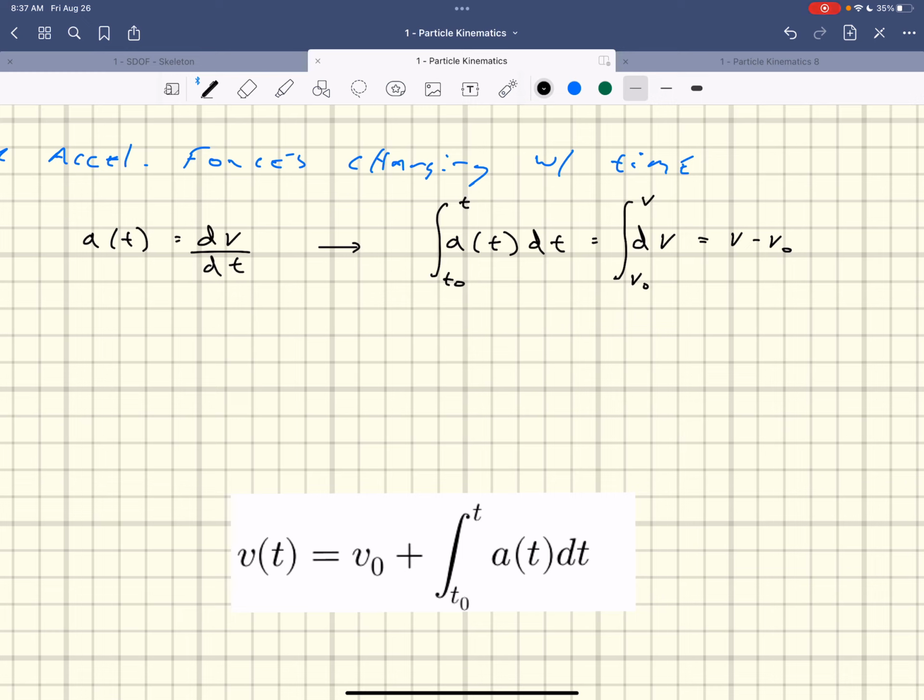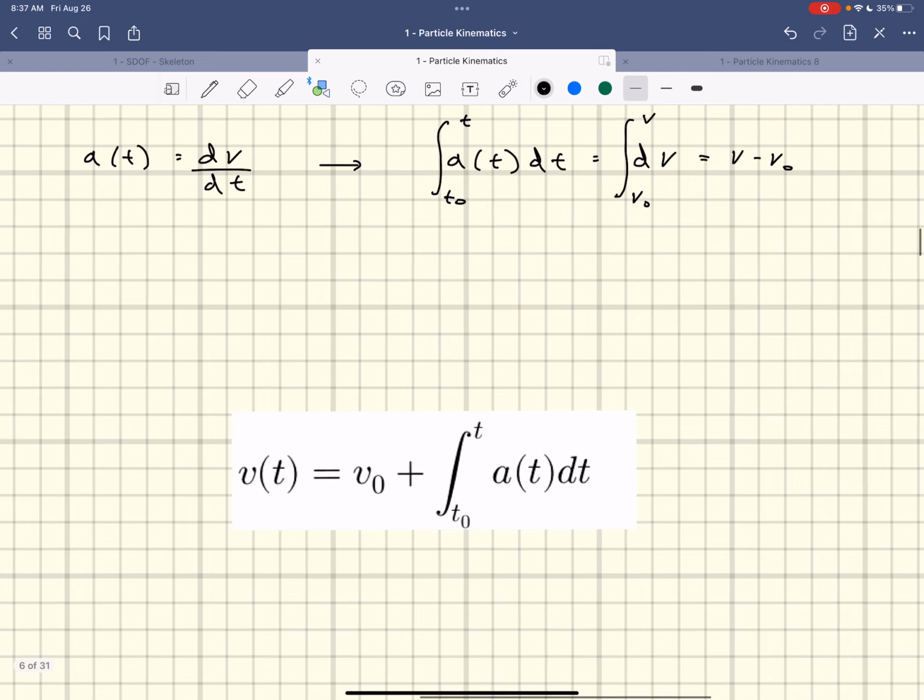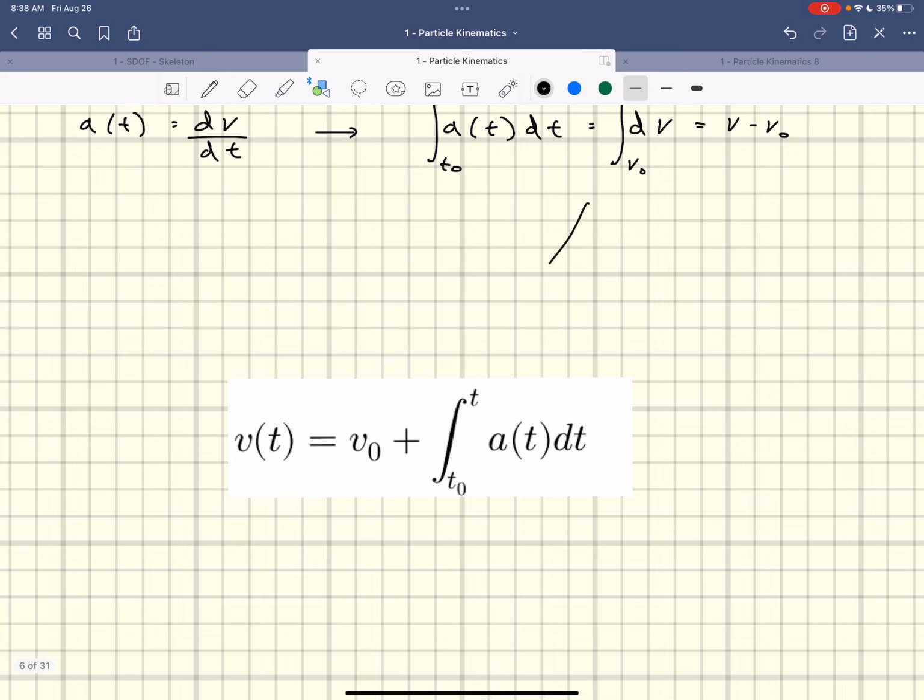And what I'm after is velocity. I mentioned that before. So I just solve for that velocity. I just put this v naught over on this side. And then that leads us to this equation that I've pre-written for you here.